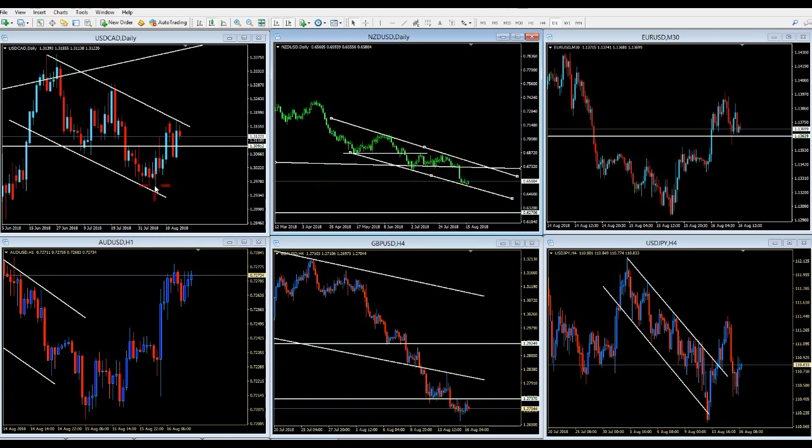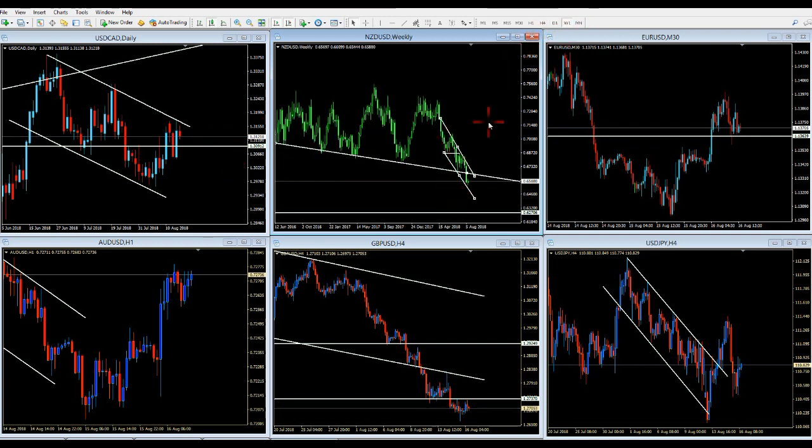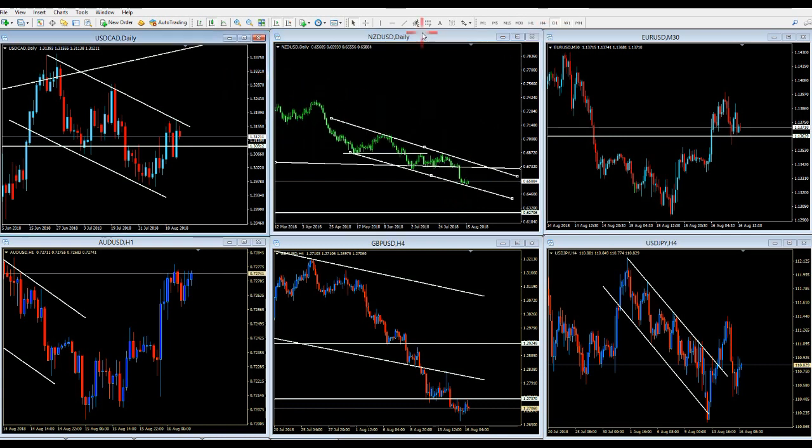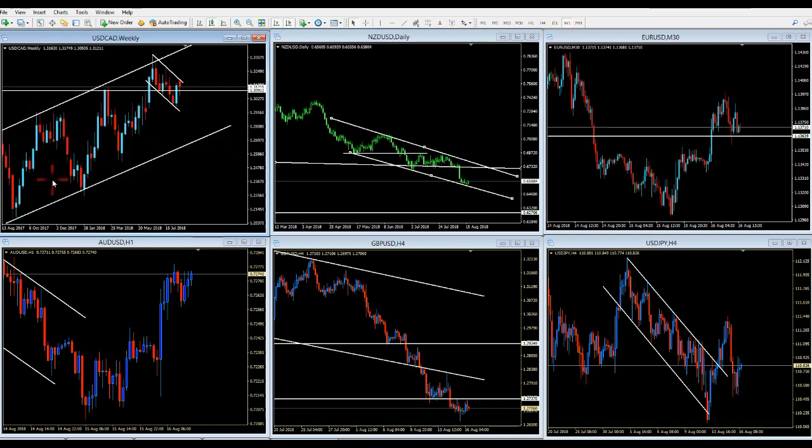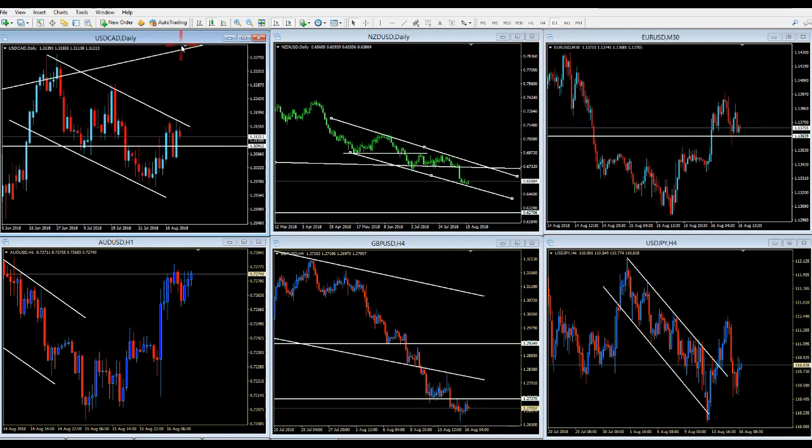But if you look closely, you see the Canadian dollar has been going up inside the channel, while the Kiwi has been going down inside the channel. So that's the negative correlation right there. And also remember, on the weekly the Kiwi is going down, but on the weekly the CAD has been channeling up. Okay, so that's the negative correlation right there.